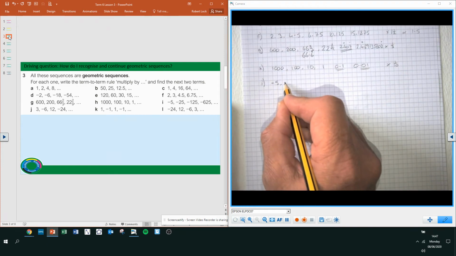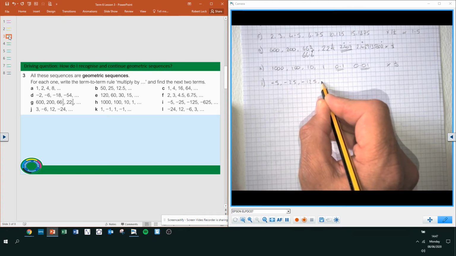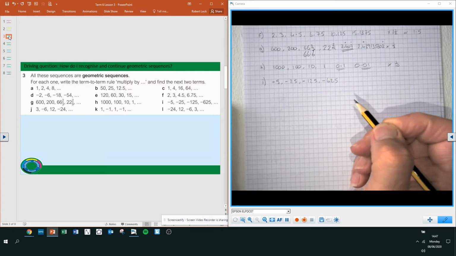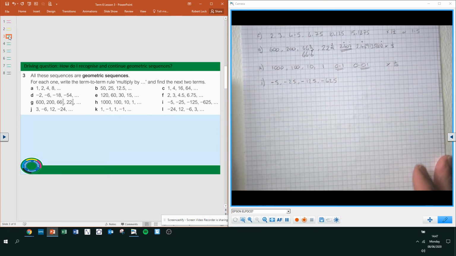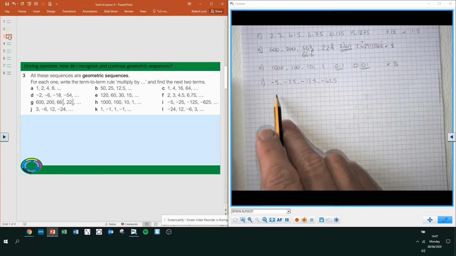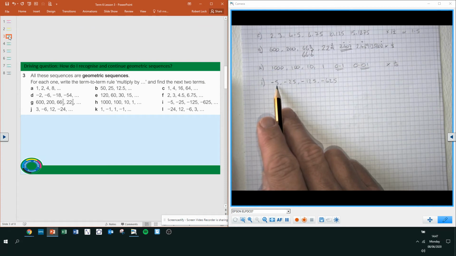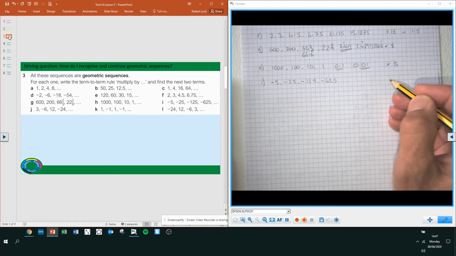I. Minus 5, minus 25, minus 125, minus 625. If you took the minuses away, it's timesing by 5. Put the minuses back in, it's still times by 5.